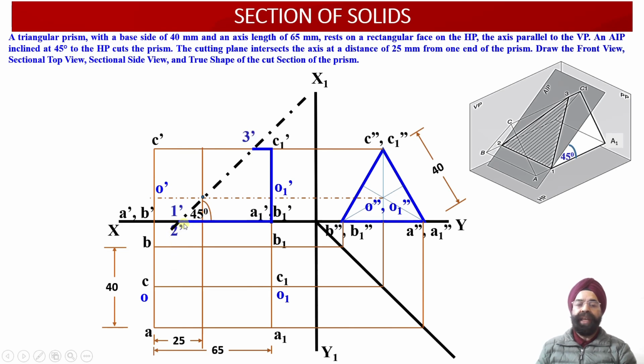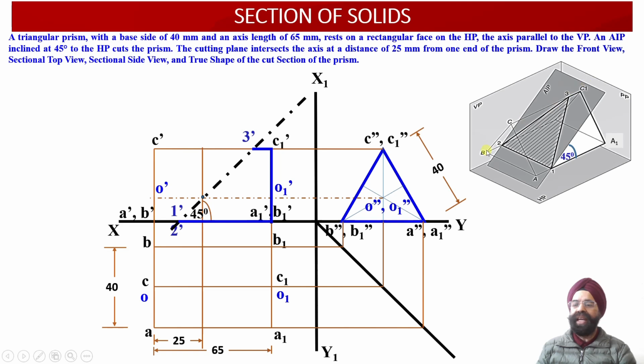Now we obtain that there are 3 points you can check. Point 1 alongside AA1, point 2 alongside projection line BB1, and point 3 which is lying along the edge CC1. So at these 3 points, the cutting plane has intersected these longer edges of this triangular prism.